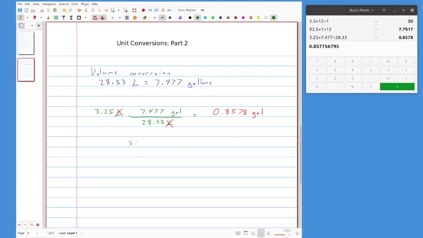Summarizing, 3.25 liters is equivalent to 0.8578 gallons. So that's what you do if you've got factors where neither one of them is a 1, so you have to both multiply and divide in order to get your conversion factors.